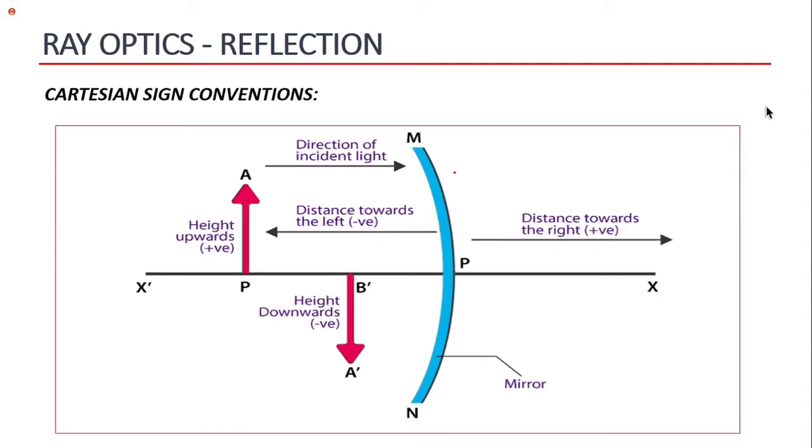Anything above the pole, that is above the principal axis, is taken as positive and below the principal axis taken as negative. So it is just like your Cartesian coordinate system, x minus x, y, y.